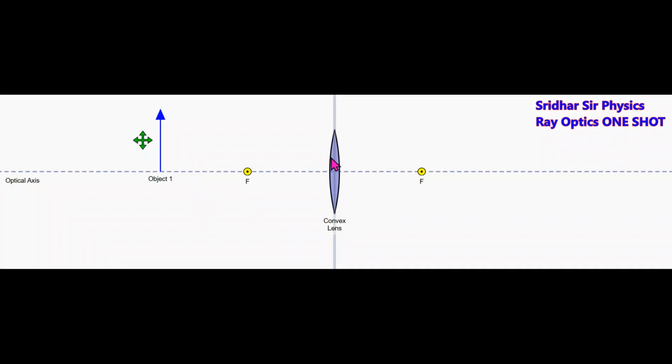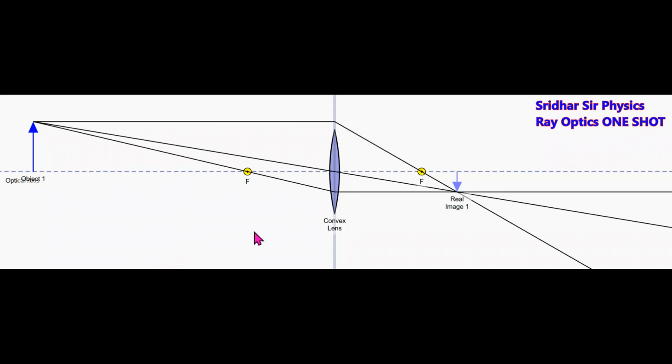Next, we have the convex lens here. Convex lens. And we have kept a real object here. We'll see how, depending on where the object is, let me keep it far away. We have to calculate where the image will be formed. The rays after refraction will form the real image. A ray parallel to the optic axis after refraction will pass through the focus.